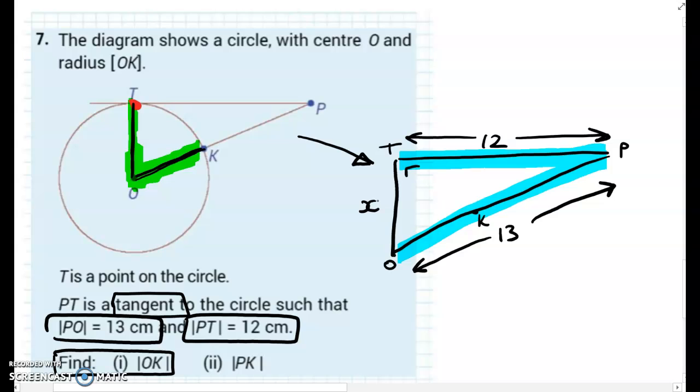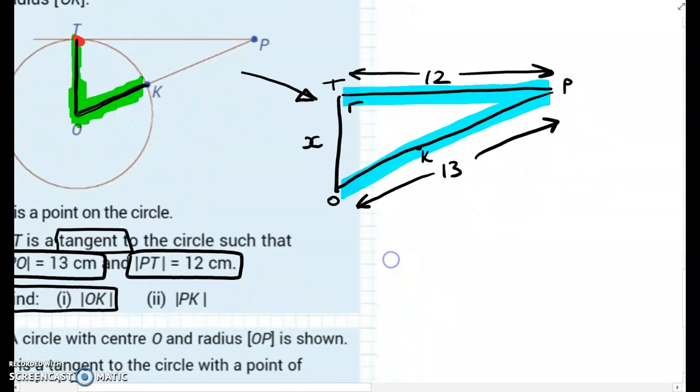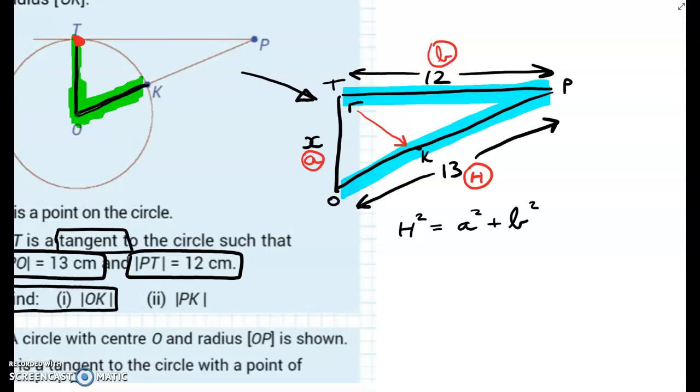Now it's simply a straightforward right angle triangle that has two sides given, and we're missing a third, so we use the Theorem of Pythagoras. H squared is equal to A squared plus B squared. We start off by labelling the sides. The one directly across from the right angle is H, and the other two sides are A and B. Then we sub those values in.